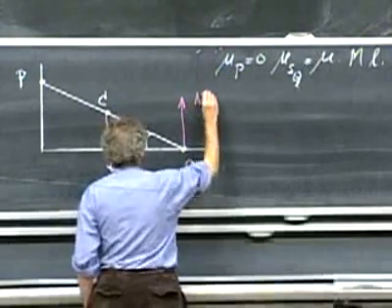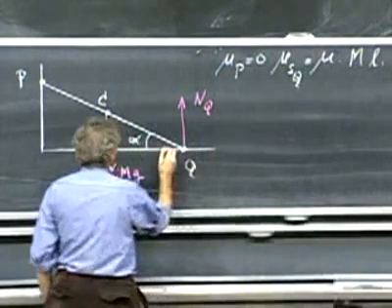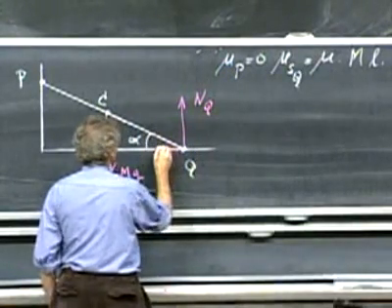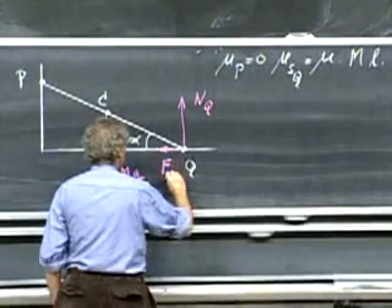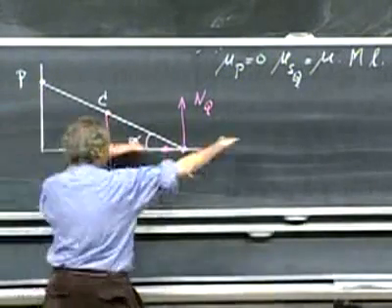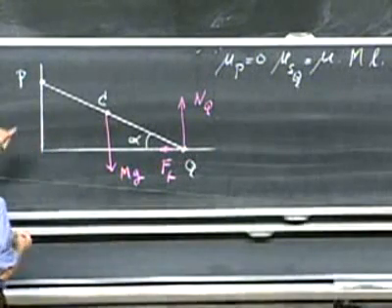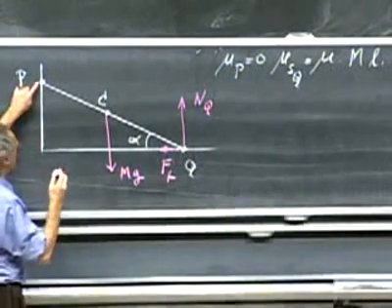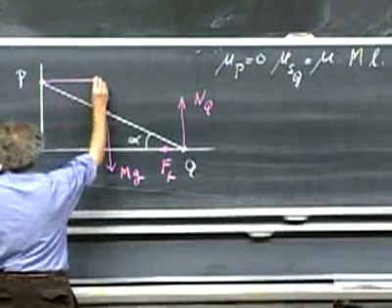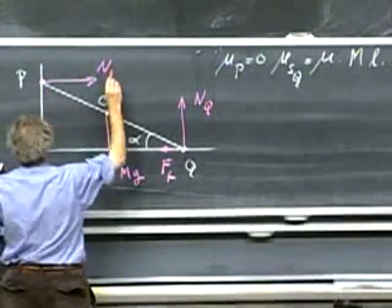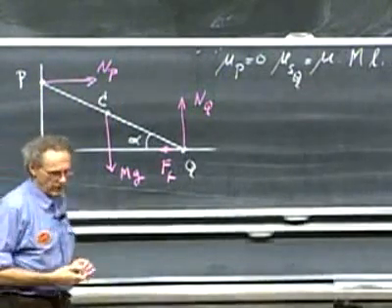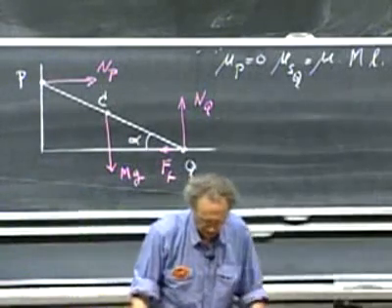I call that N_Q. We have friction in this direction, because clearly the ladder wants to slide like this, so the frictional force will try to prevent that, and will be in this direction. At point P there is no friction, so there can only be a normal force, and I call that N_P. So these are the only forces that act on this object.